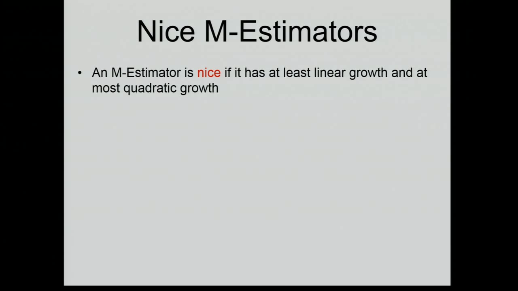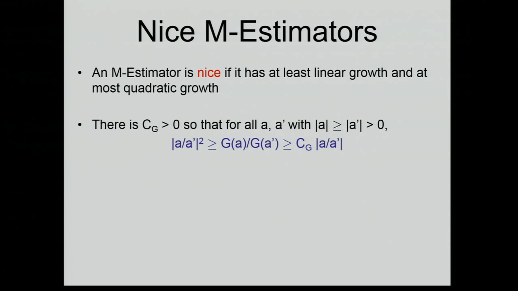So I need to restrict the class of M-Estimators a little bit to state our results. I'll say that an M-Estimator is nice if it has at least linear growth and at most quadratic growth. So what does that mean formally?